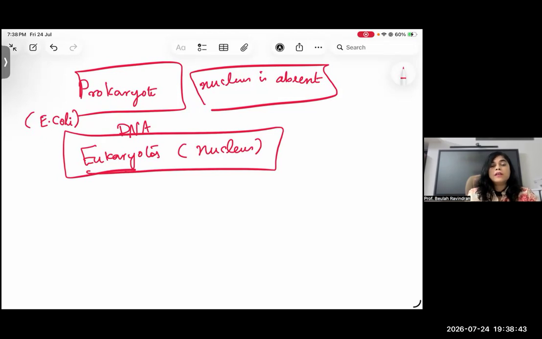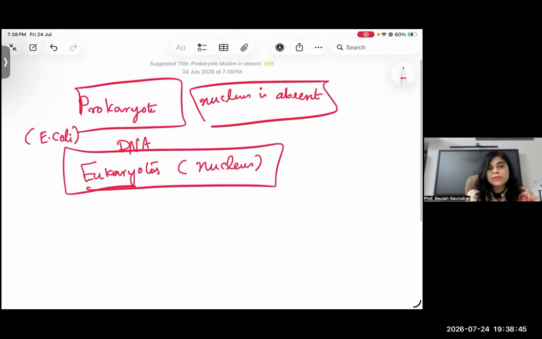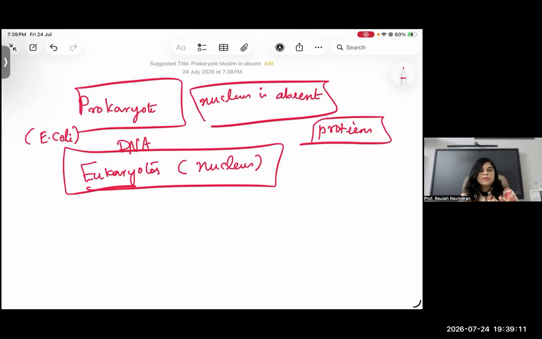We know that in prokaryotes, the DNA is present in the form of large loops held with some positively charged proteins, since DNA is negatively charged, to form nucleoids. So this is prokaryotes. What about eukaryotes?